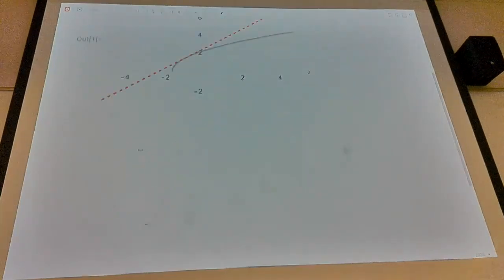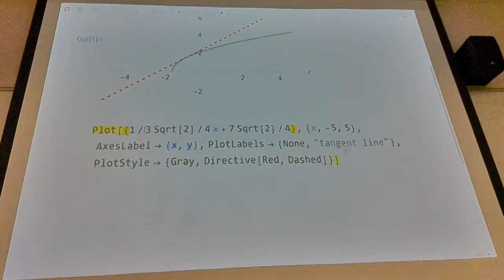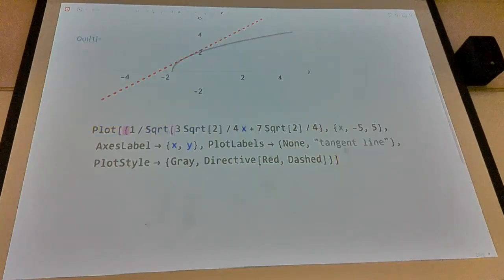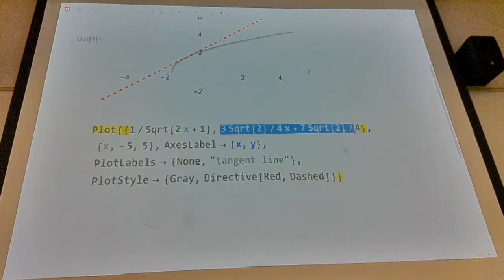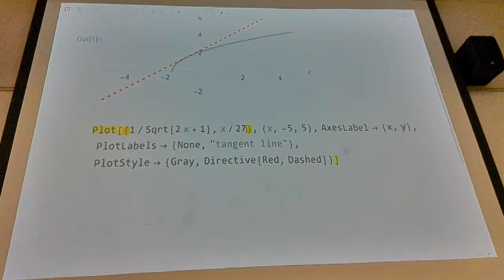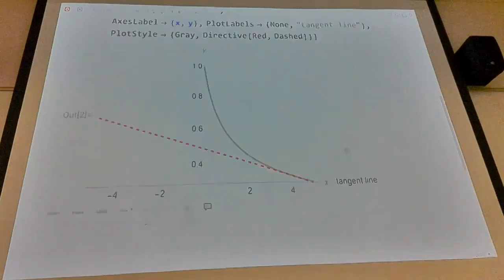Function was what? 1 over square root 2x plus 1. Tangent line negative x over 27 plus 13 over 27. I don't really like that view.